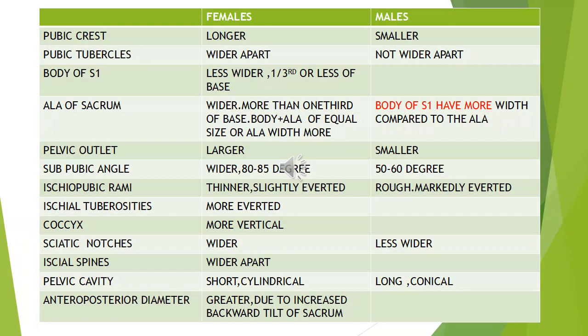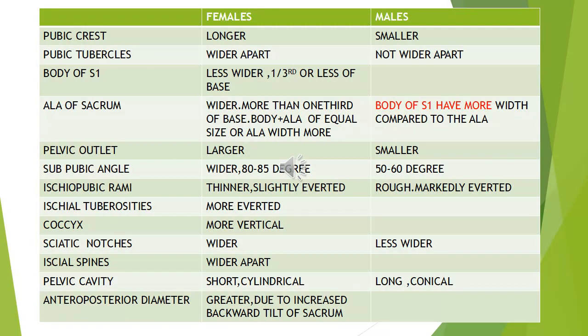It is less wide, forming only 1/3 of the base, because the ala are relatively wider in the case of female. In male, the body of the S1 vertebra forms more than 1/3 of the base.